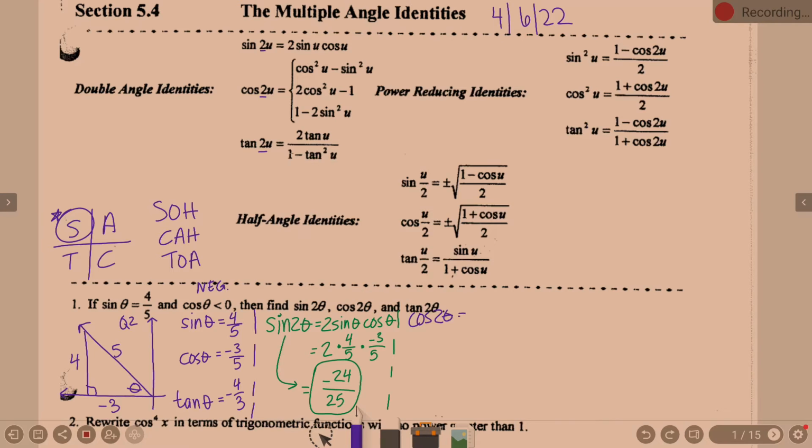Honestly, with the fractions involved, if I do one of the others, I'm going to have to add or subtract a fraction there. So it's just going to go fractions. I usually use the cosine squared minus sine squared on this one. So cosine squared theta minus sine squared theta.